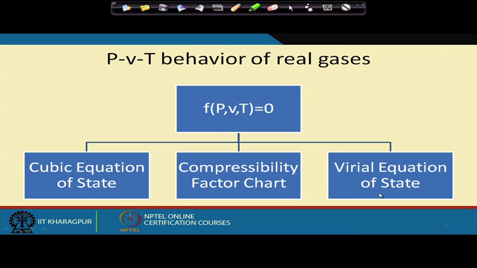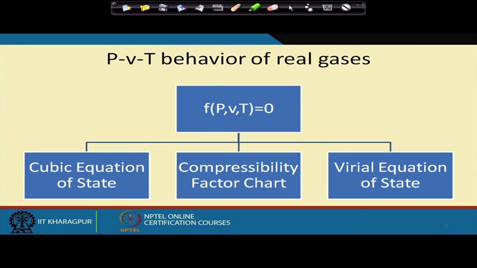The other one is the virial equation of state. When we are not sure whether the gas obeys any particular cubic equation or the virial equation, we often refer to the compressibility factor chart, which we will be discussing after we finish discussing these particular equations of state.